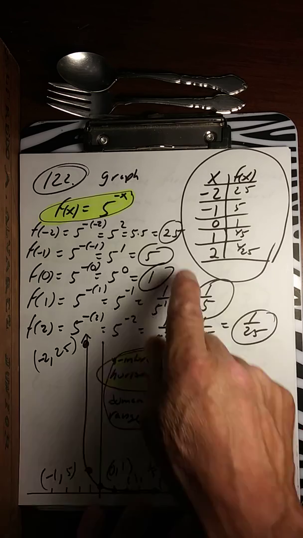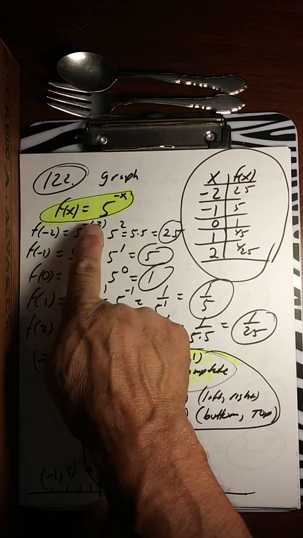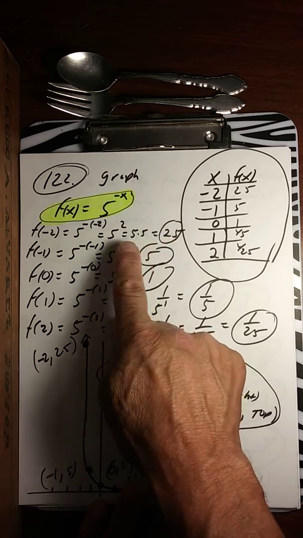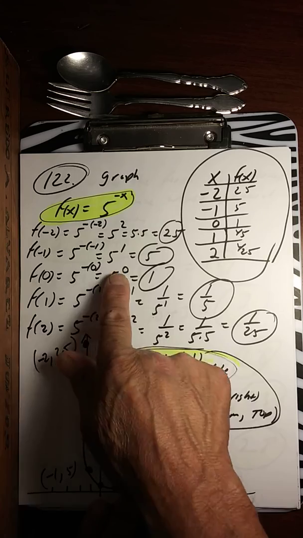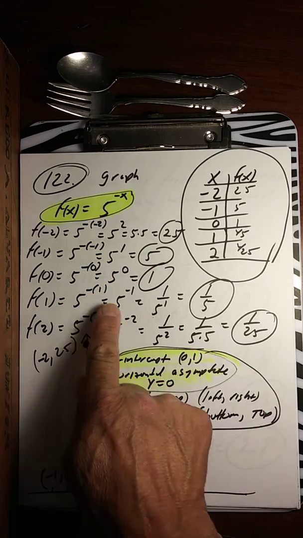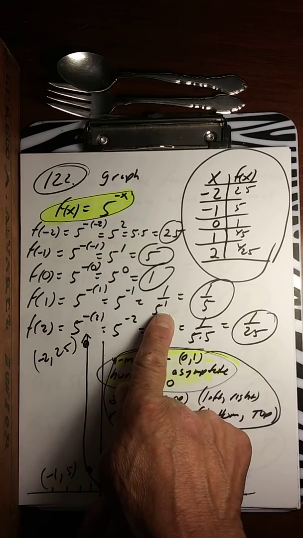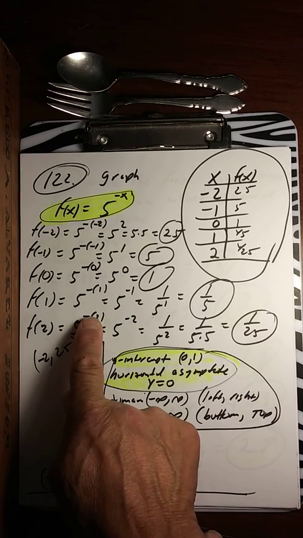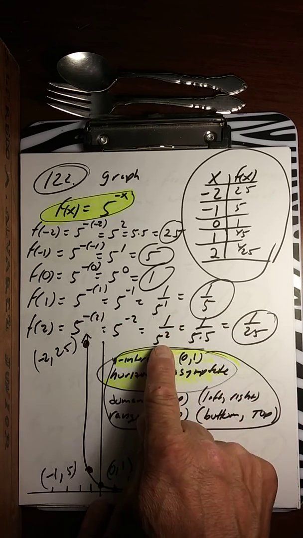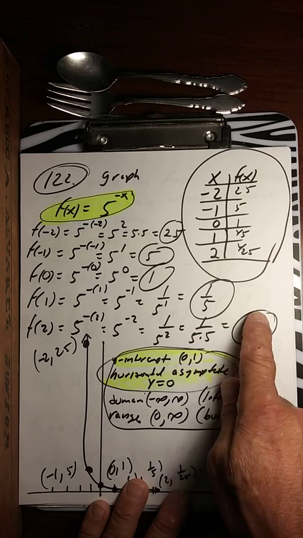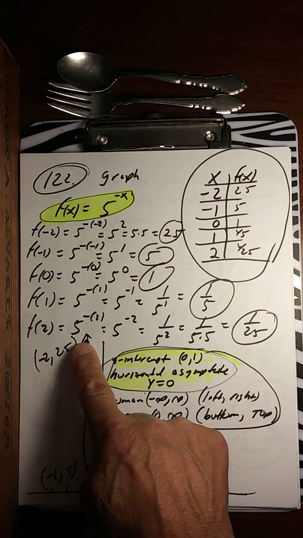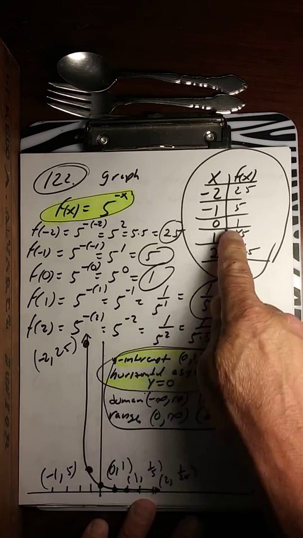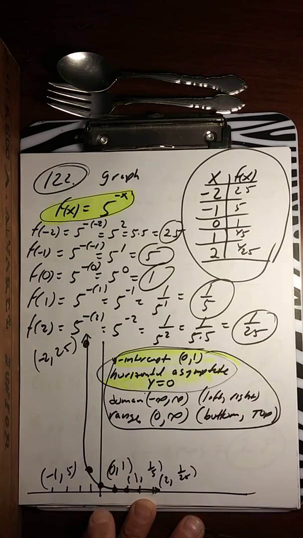Graph. Okay, put the numbers in there. Put in negative 2. Negative, positive, it's going to be 25. Negative 1, it's going to be positive 5. At 0, it's just 1. 5 to the negative 1 is 1 over 5 to the 1, rewrite it, 1/5. 5 to the negative 2, rewrite it, 1 over 5 squared, 5 times 5 is 25, 1 over 25. So we have at negative 2, 25, at negative 1, 5, 0 up 1, 1 up 1/5, 2 up 1/25, it goes this way.